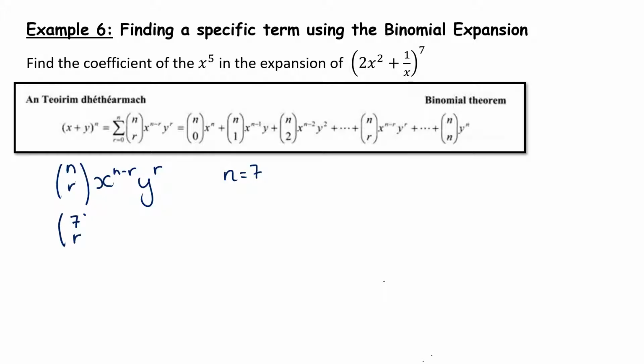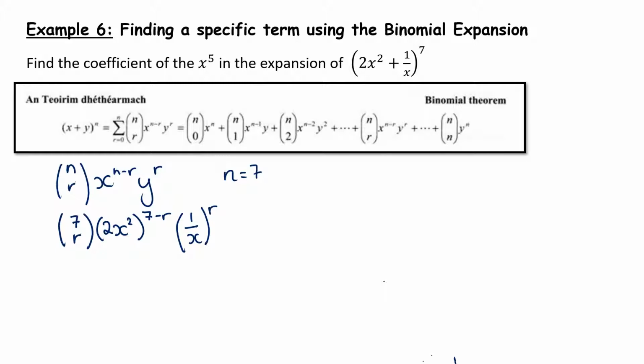I don't know what my r is in this case. The x represents the first term in my brackets. That's a 2x squared to the power of n minus r. So that's 7 minus r. And y represents the second term. So that's 1 over x. And it's to the power of r. Okay, so that's as far as I can go with my general term.